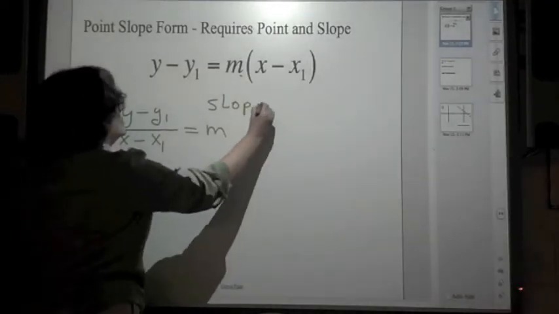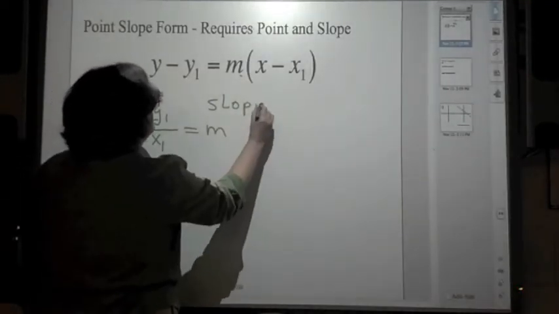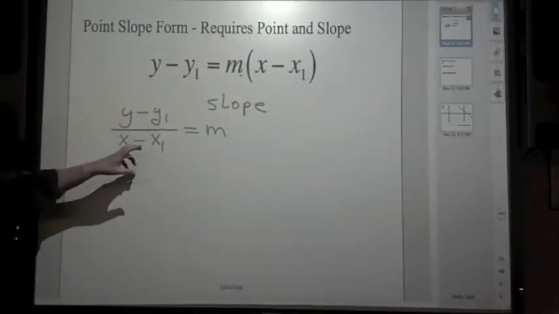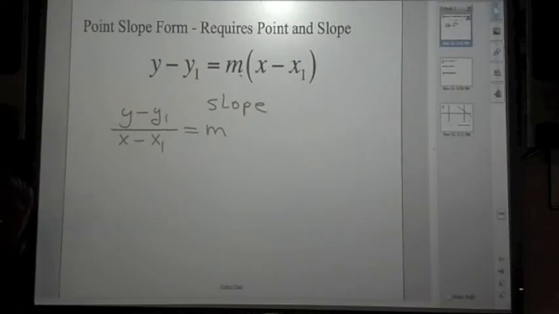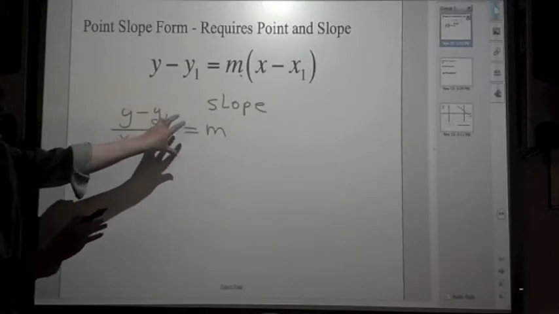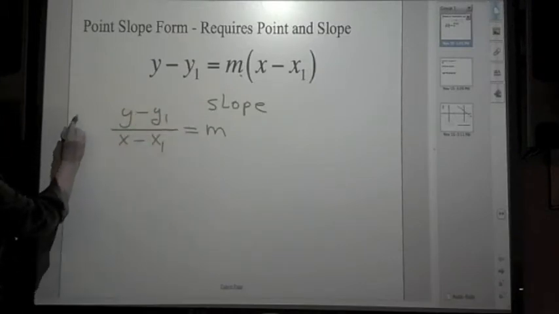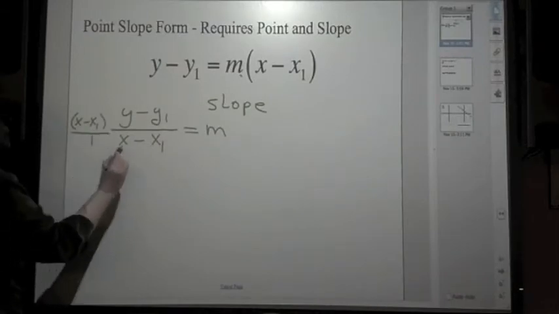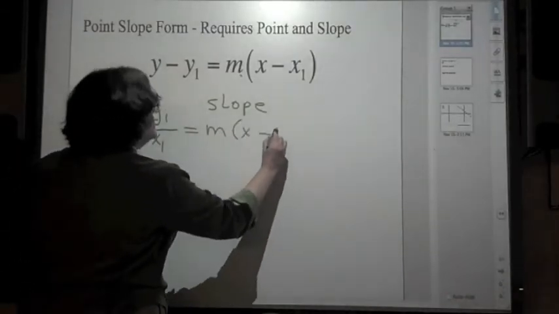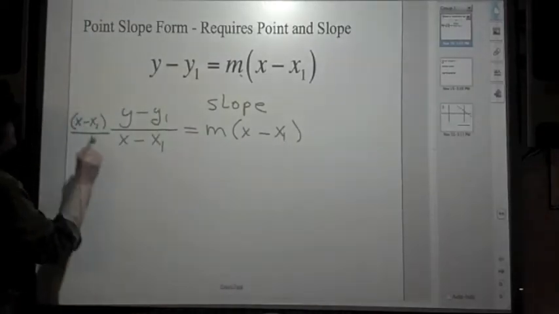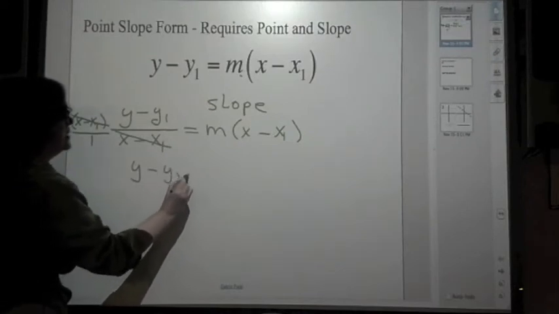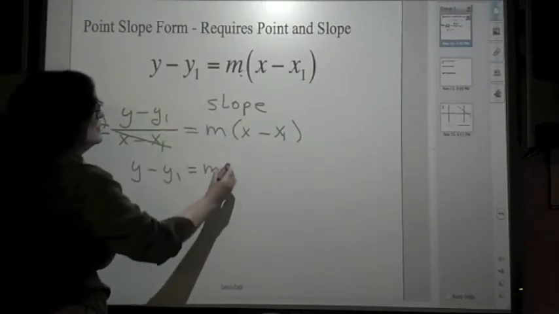Then, with the magic of algebra, we can change this equation by multiplying both sides by x minus x1, and we'll end up with exactly the formula you're given.